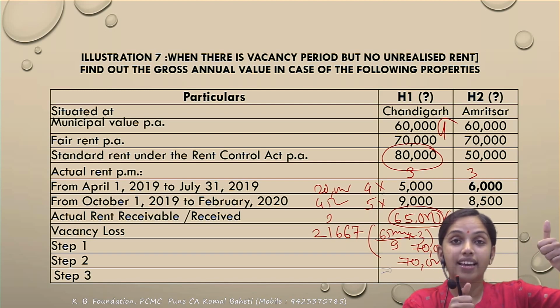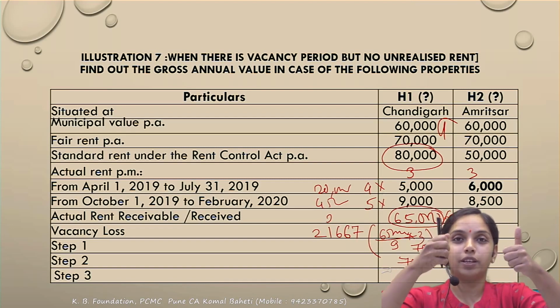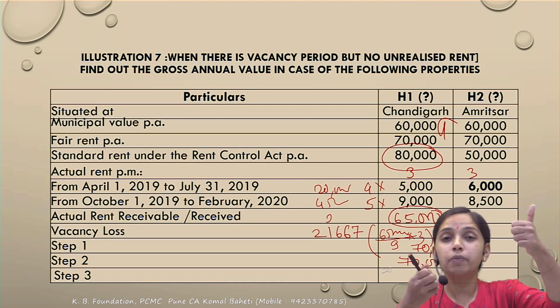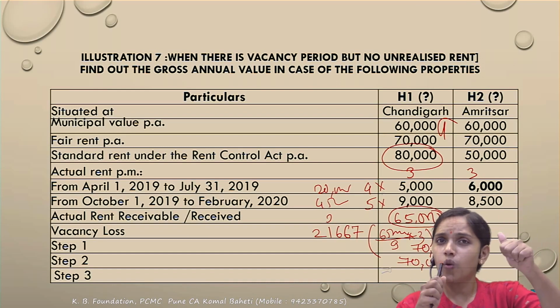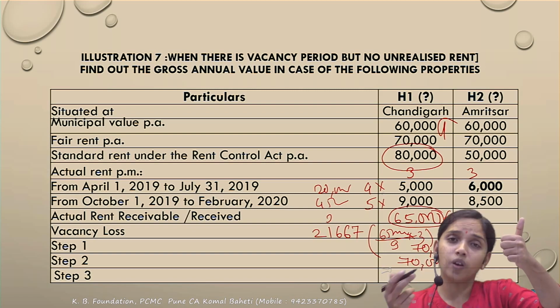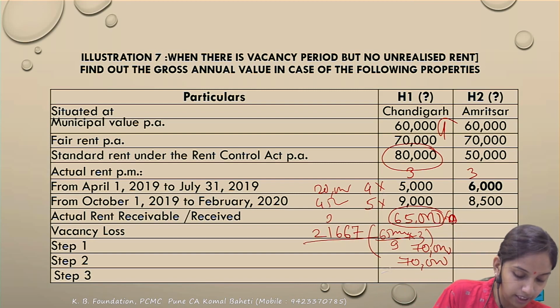Again, RER is higher, actual rent receivable is 65,000. So again, actual rent receivable is lower. So who would become the GAO? What is the general rule? Whoever is higher would become the GAO. But this is the AR, say AR comes for the fight. Due to the vacancy I am lower. Okay, add back the vacancy. If the vacancy was added, how much would it come to? 86,667.